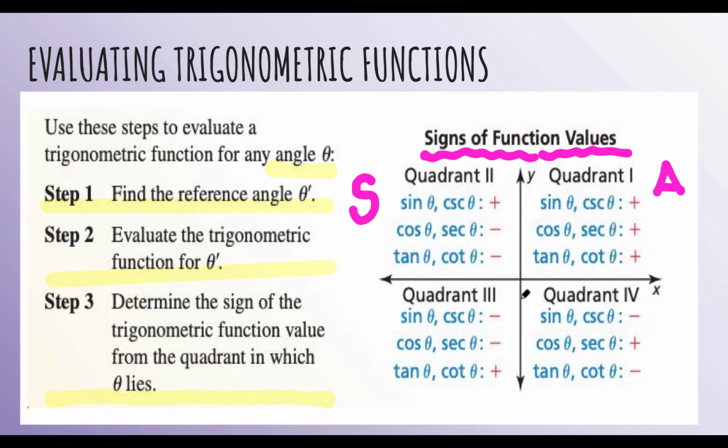In quadrant 3, the tangent function and the cotangent function are positive. And lastly, in quadrant 4, cosine and secant are positive. An easy way to remember this, because we're in math, is: all students take calculus. There you go. So you'll remember which function is positive in each quadrant.